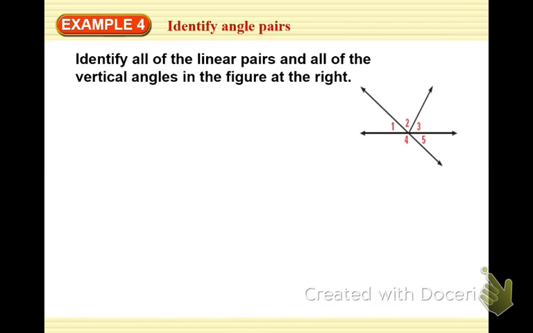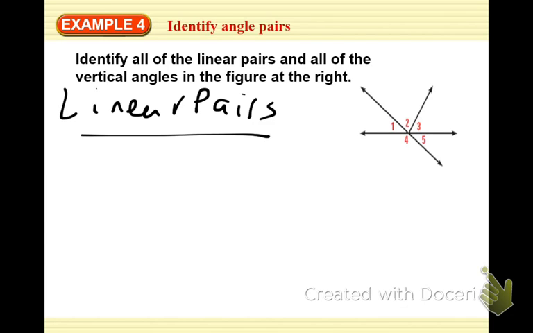So we need just 2 angles that are going to form a line, right? Good guess. Yep. 4 and 5. 4 and 5 works. 2 angles that are forming a straight line, 4 and 5 definitely do that. There's another pair. Anybody else see the other one?